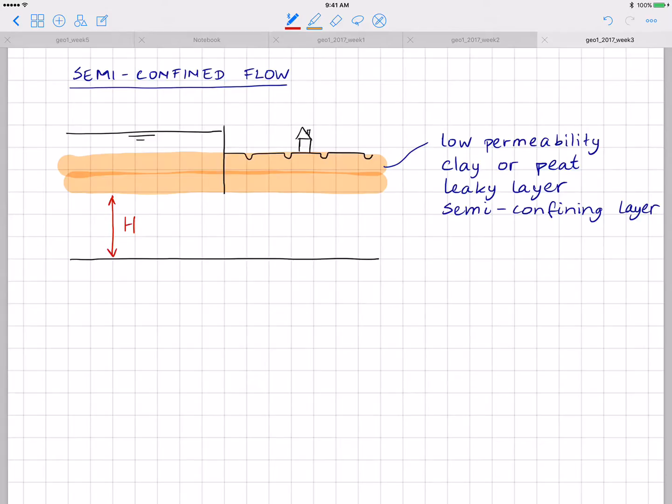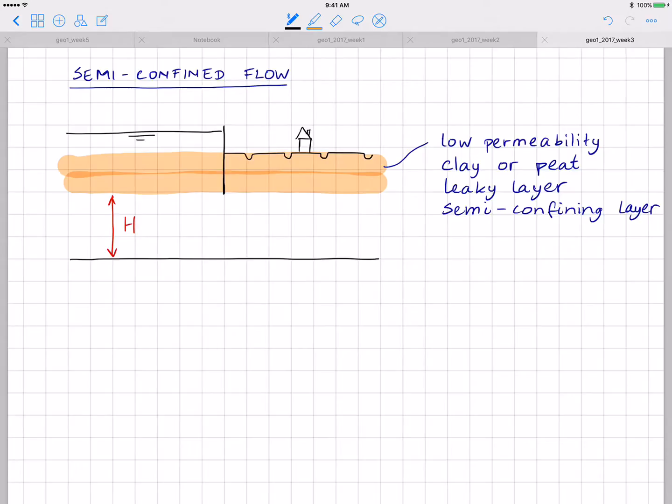The case I've shown here on the left side of the dam, here in the middle, we have a lake with a fixed water level, and on the right side of that dam we have a polder where the water level is fixed near the surface by ditches and drains.